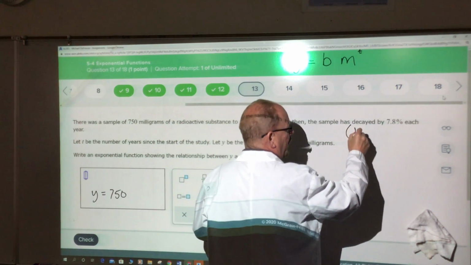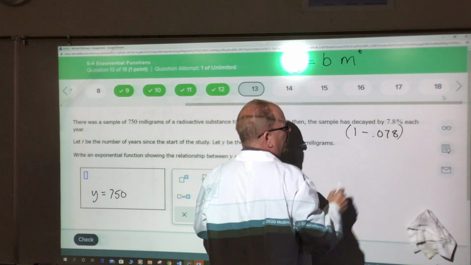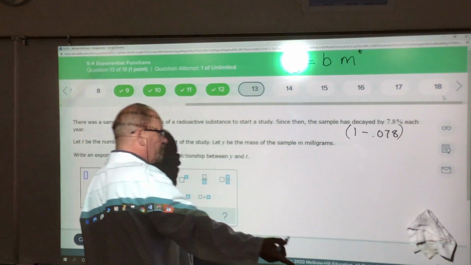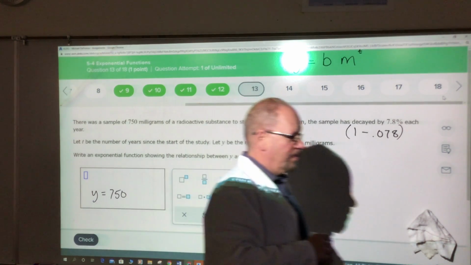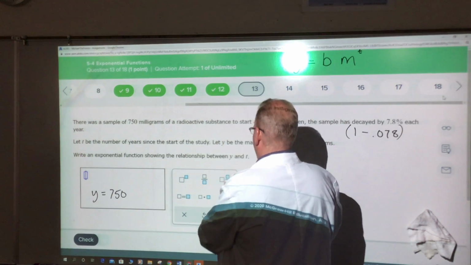That means 1 minus 0.078, which is, yeah, I know, I shouldn't use a calculator, but it's been a long day, and it's only 11 o'clock in the morning. 0.922.